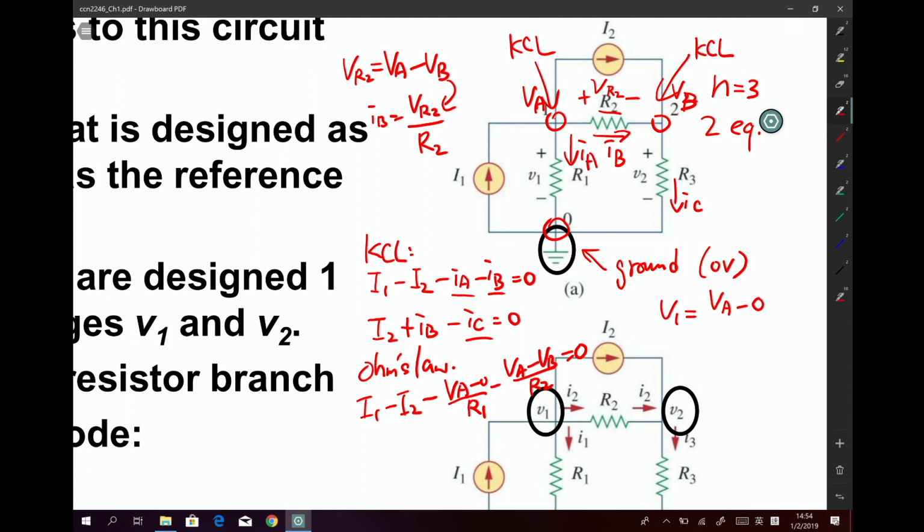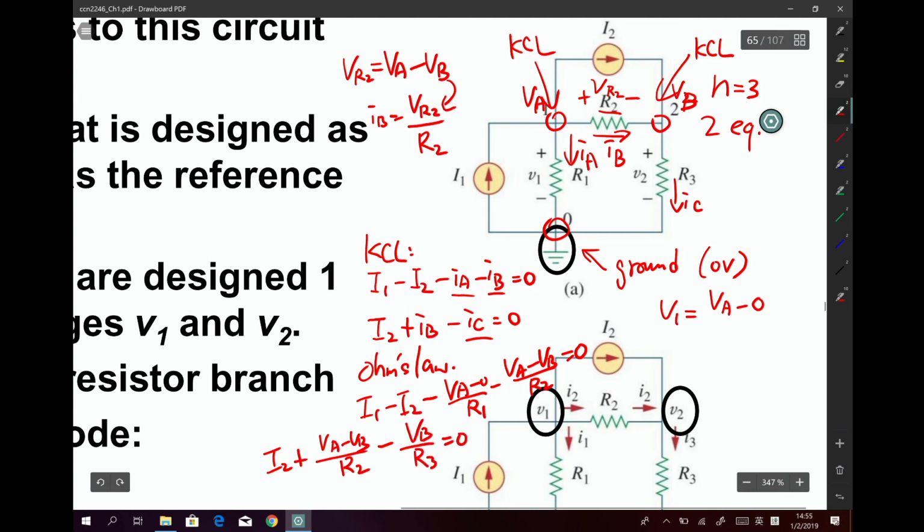Now you do a similar thing for the second equation, you get I2 plus VA minus VB over R2. And for IC, you have VB over R3 here. Now you get two equations here. And you can solve these two equations because you have the unknowns, VA and VB only.